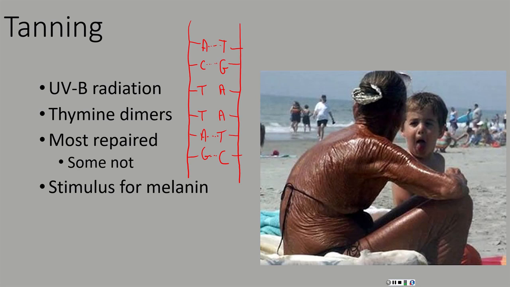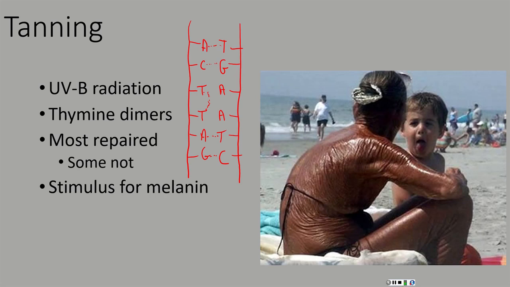And it causes a new hydrogen bond to form in between those two thymines. And that causes a kink in the DNA. It causes that portion of the DNA to not be readable. If that part of the DNA contains a gene, we won't be able to use it to make messenger RNA and eventually use it to make protein. So we've just messed up a segment of DNA with ultraviolet radiation.